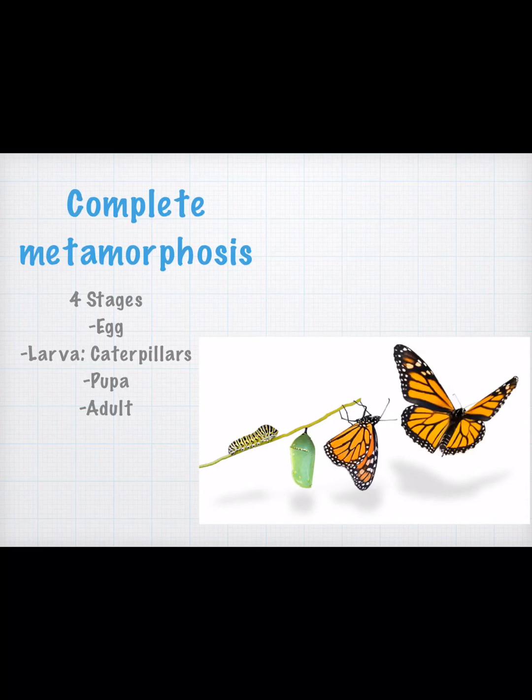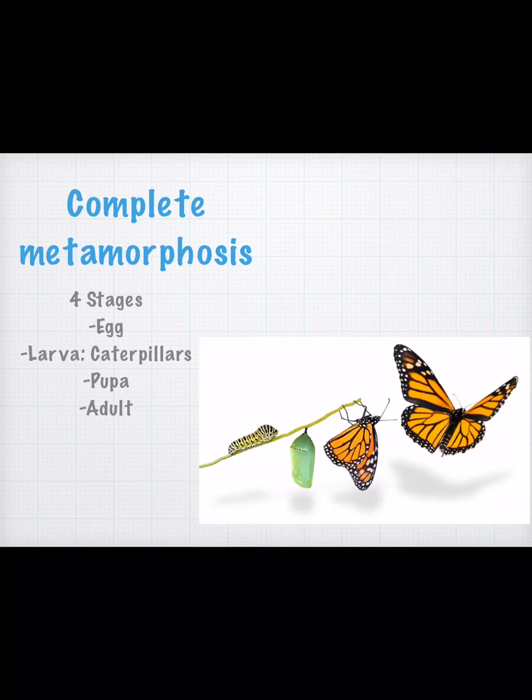Then they turn into the pupa, where they transform. The pupa is that little green thing hanging from the branch. The pupa can be a chrysalis, which is a hard structure, or it can be a cocoon. Certain types of worms weave a cocoon that almost looks like a spider web.